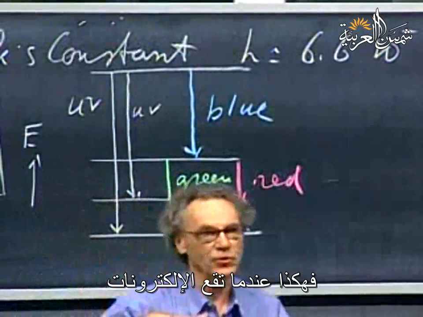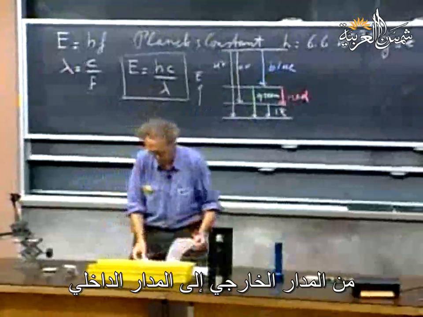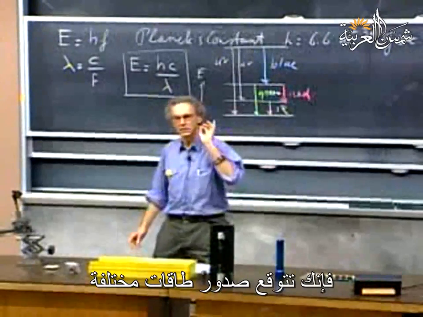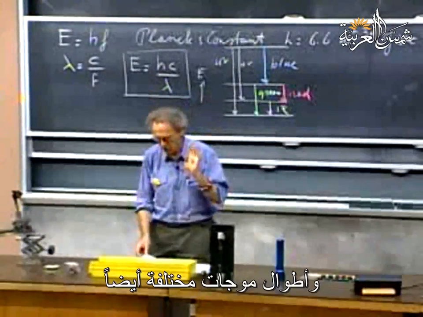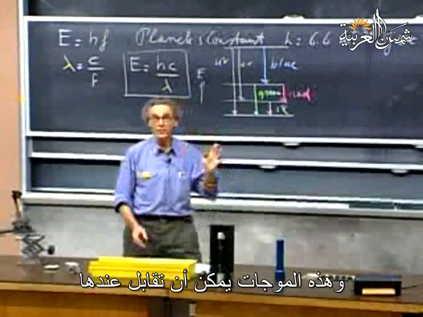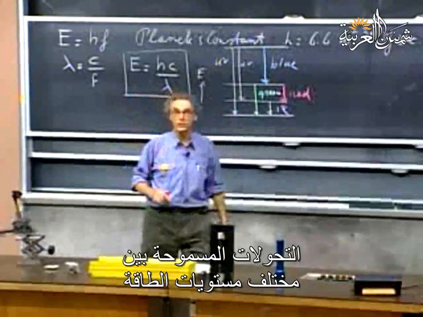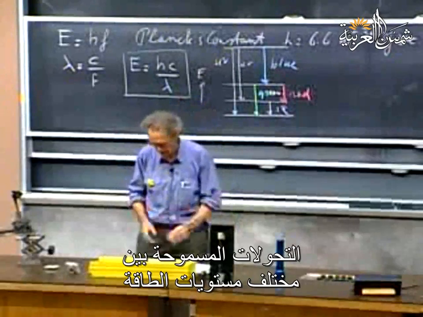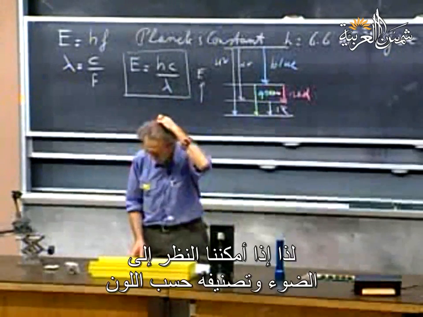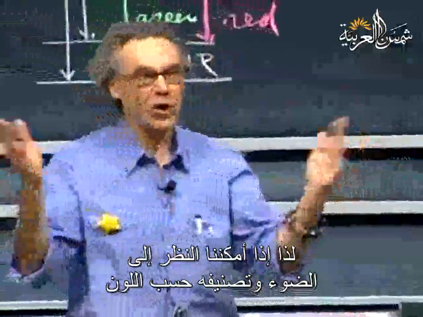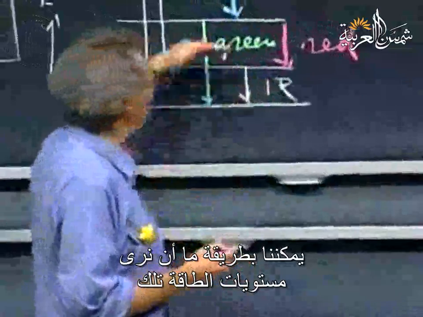And so as the electrons fall from outer orbits to inner orbits, you expect very discrete energies to come out, very discrete wavelengths. And these wavelengths that you would see correspond then to these allowed transitions between these energy levels. So if we could look at that light and sort it out by color, we would in a way see these energy levels.